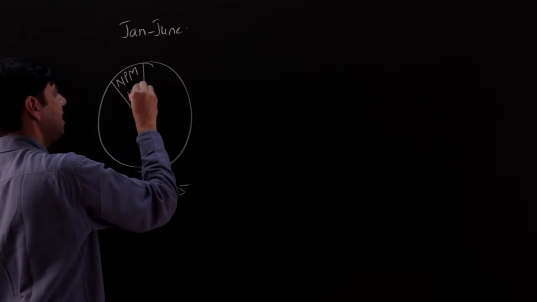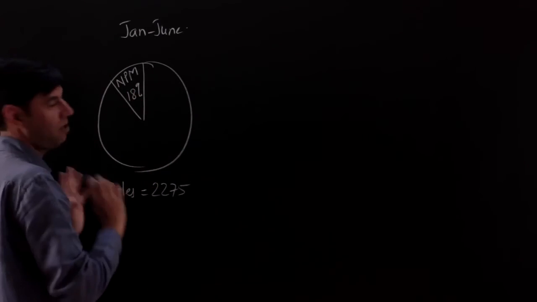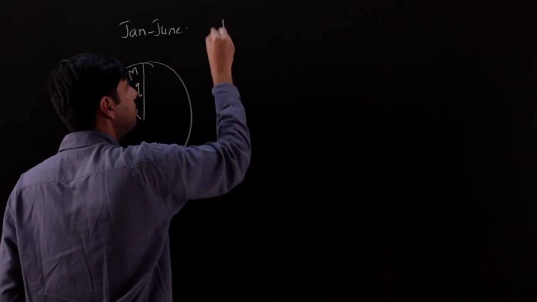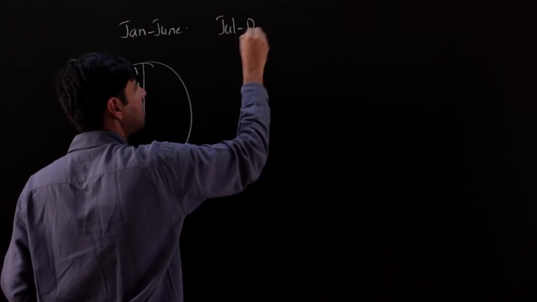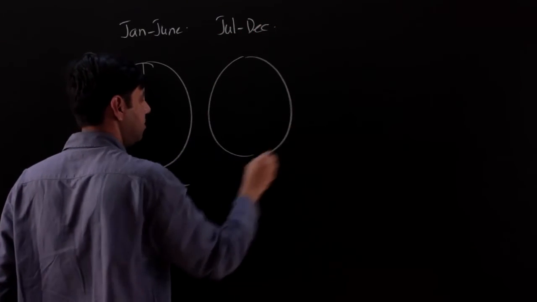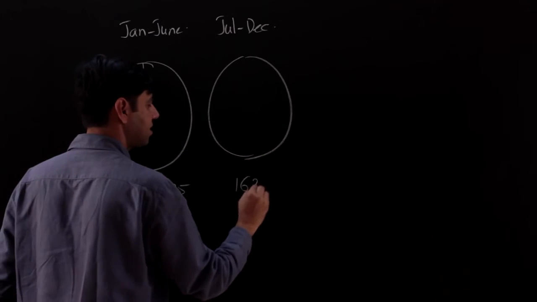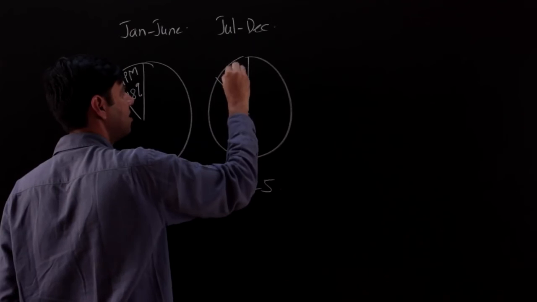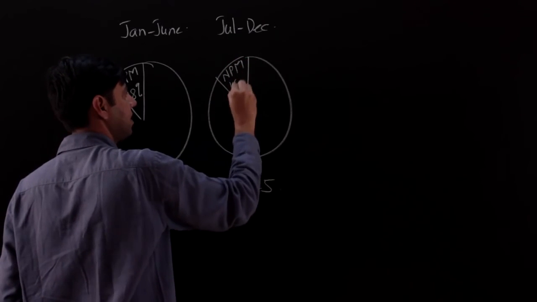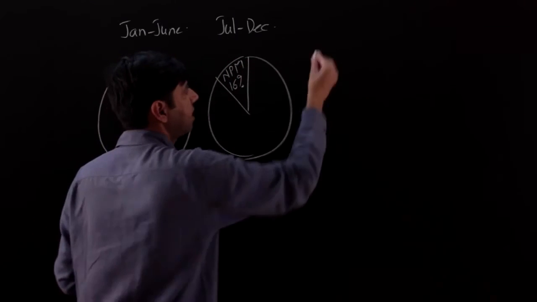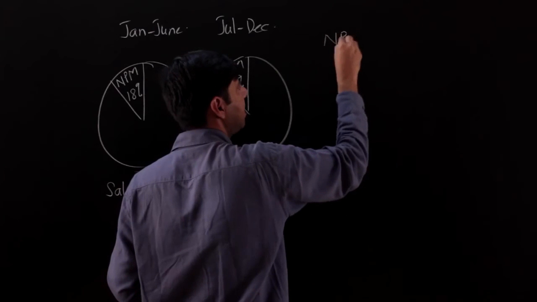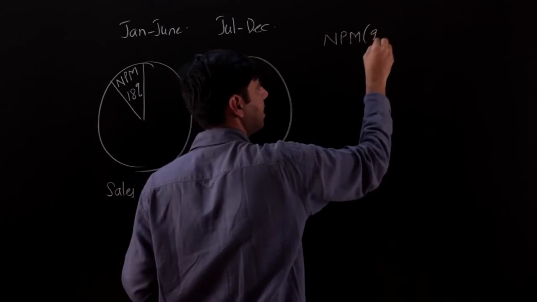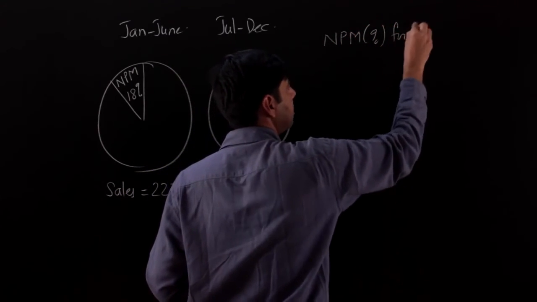It's just 18%. You just need to know 18% is of this value. And a similar pie is given for July to December, where the sales value is 1625, and the net profit margin here is 16%. The question is asking us what is the net profit margin in percentage for Jan to December.